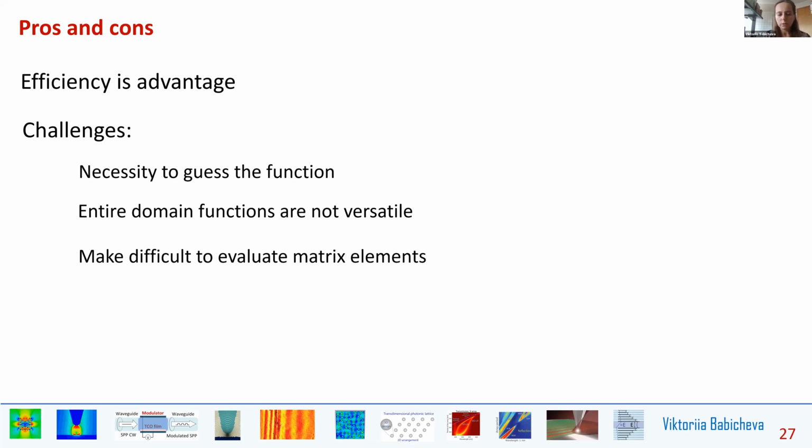The use of entire domain basis functions may make evaluation of matrix elements difficult.